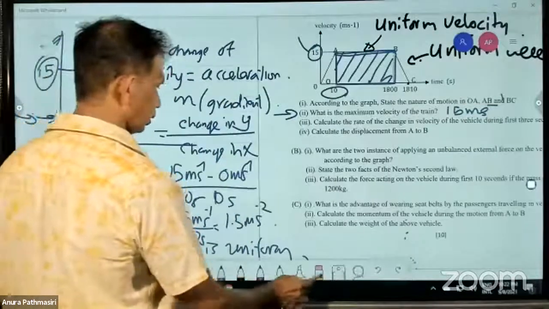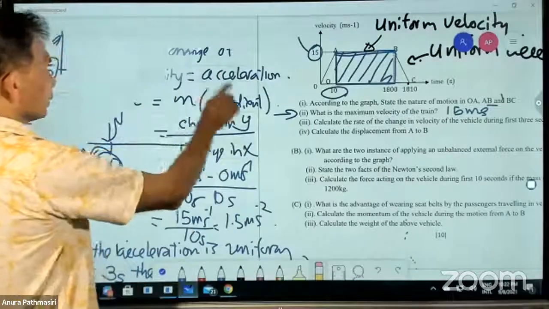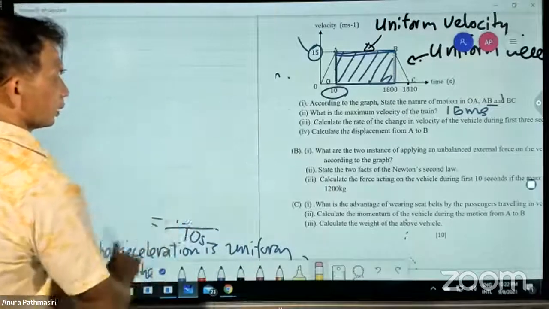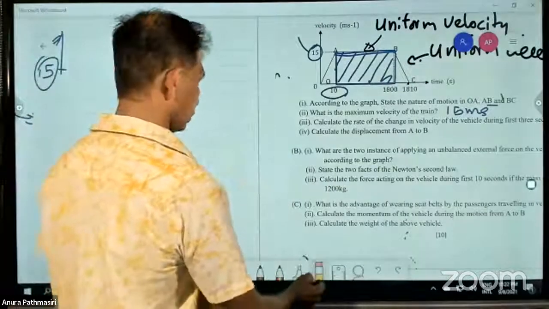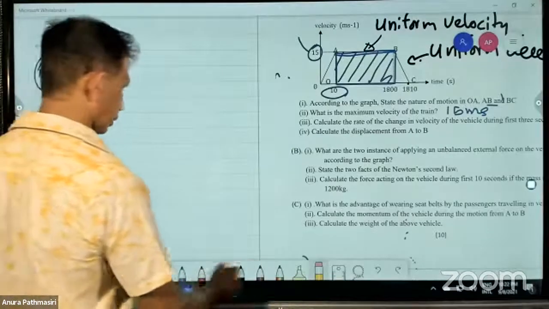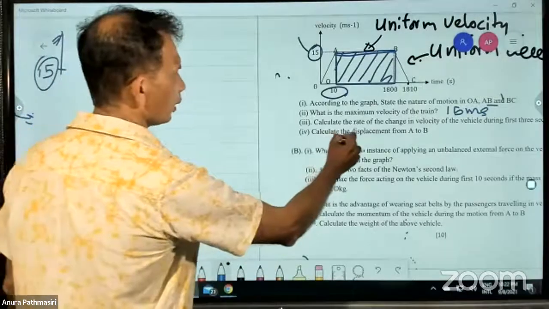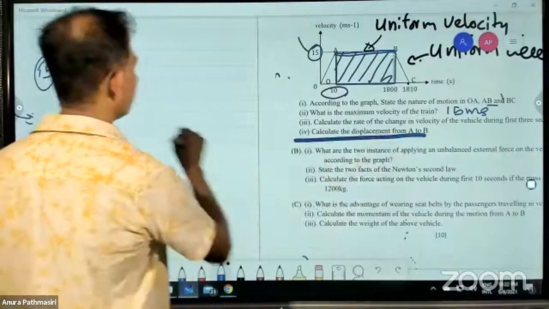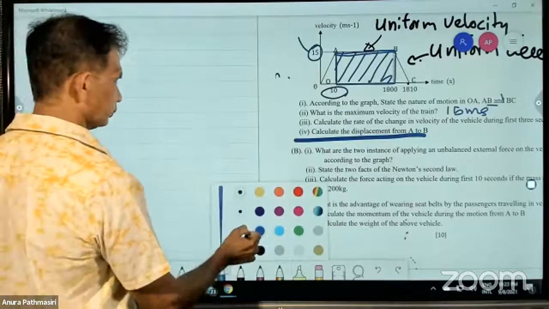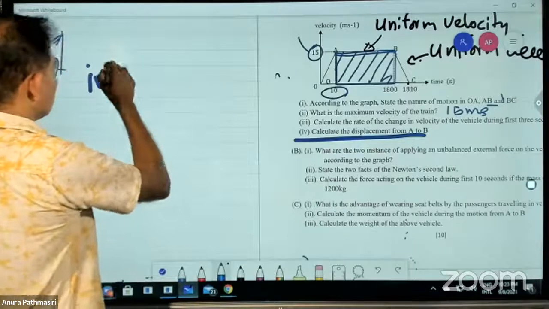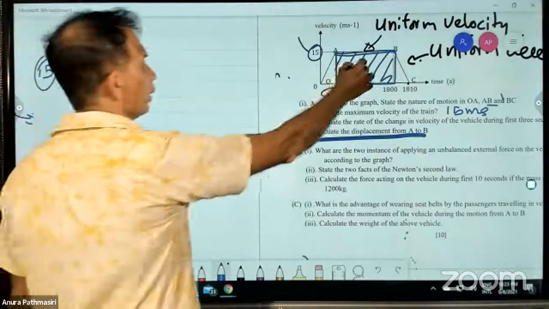So the area depicted by the graph can be the magnitude, right? Calculate the displacement from A to B. Going to find out the fourth one.